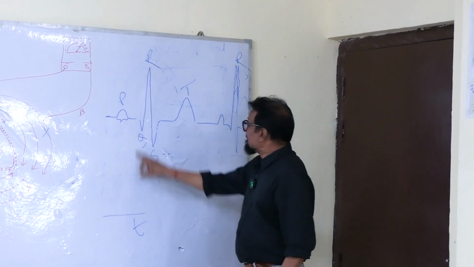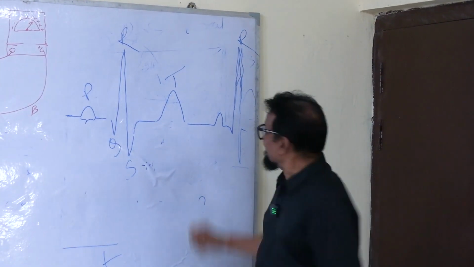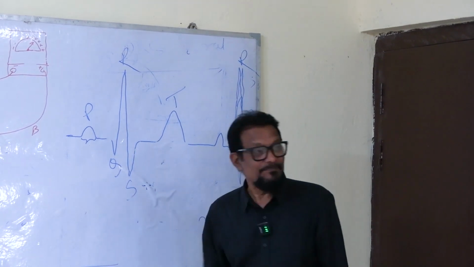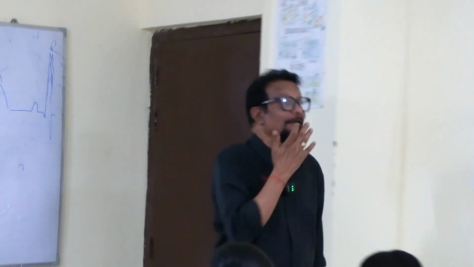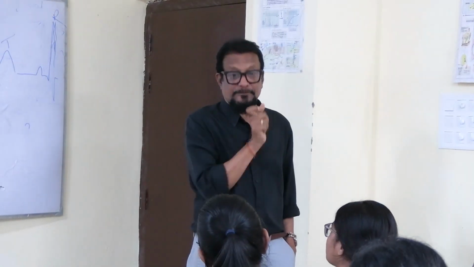So within this QT interval, QRS duration is there, T duration is there, plus another time is there. So that's why these are called interval. Whenever this term comes, it will contain some durations also.